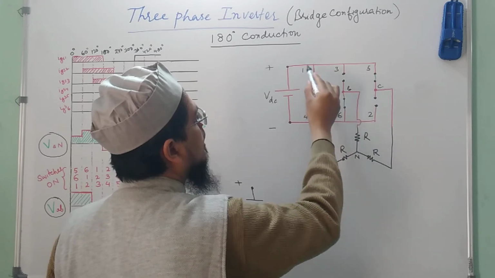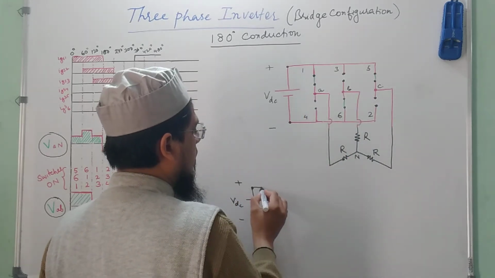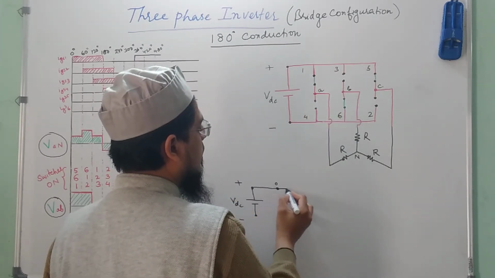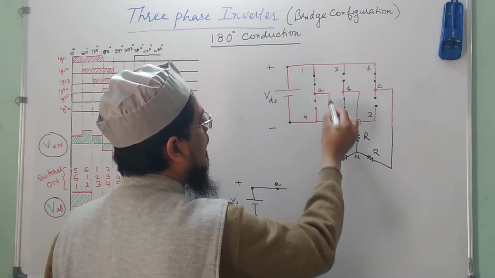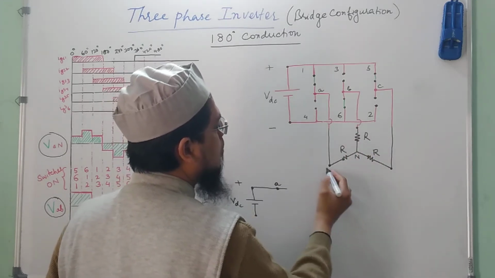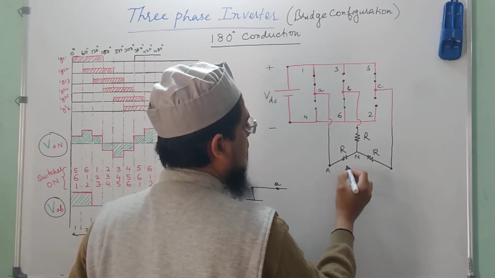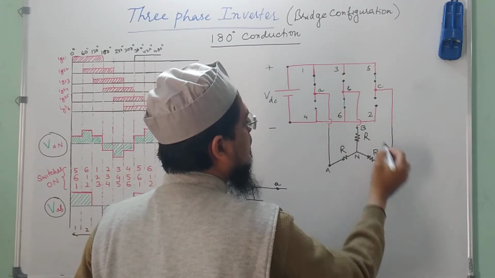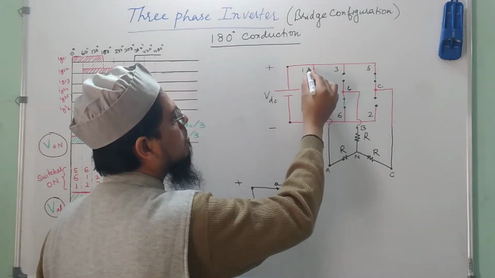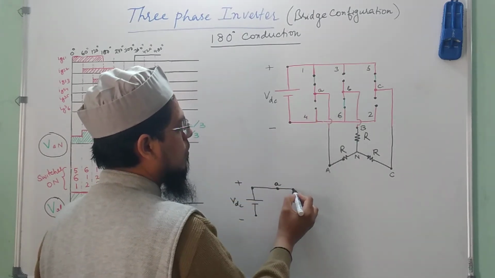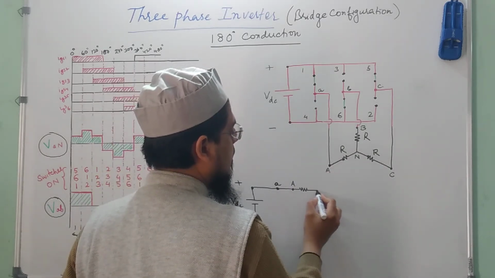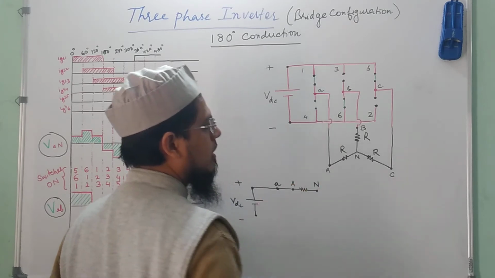And from 1, through point A, and then to these 3 points. Let me name them also. So let me call this capital A, this capital B, and this capital C. So from capital A, there is a resistor here, and then to point N.